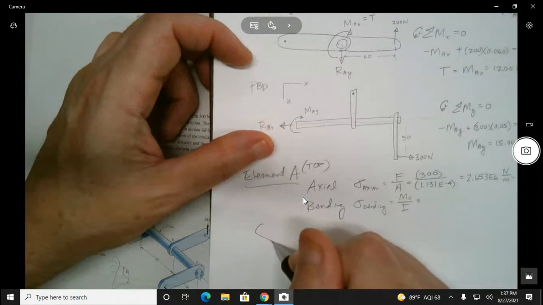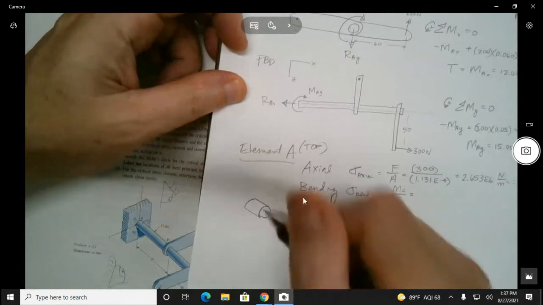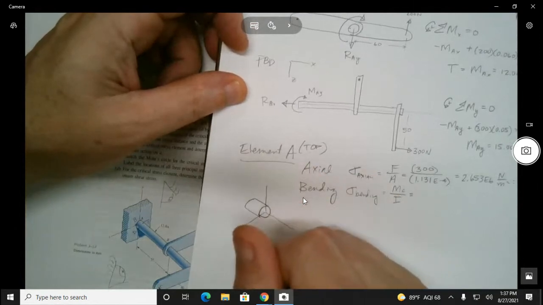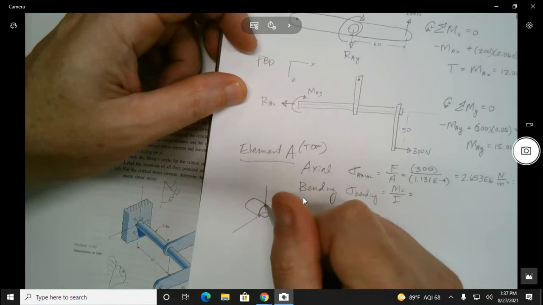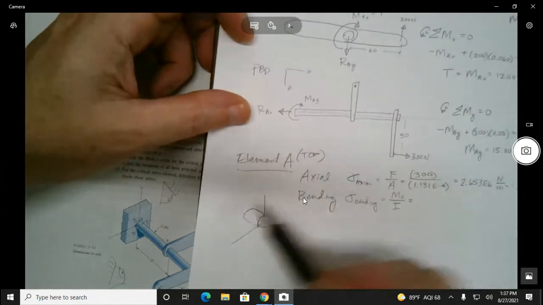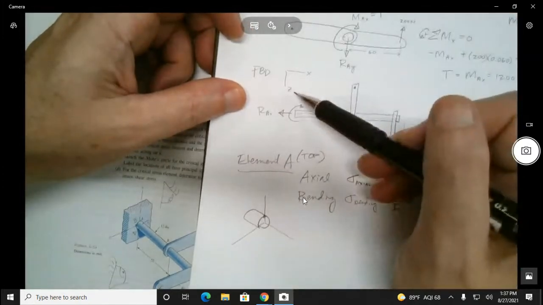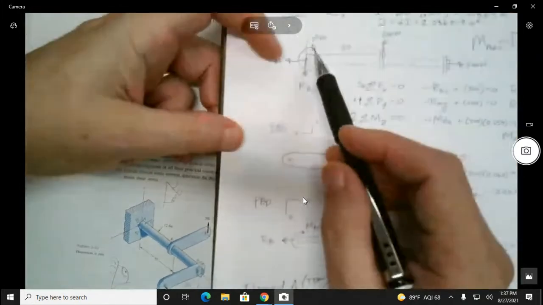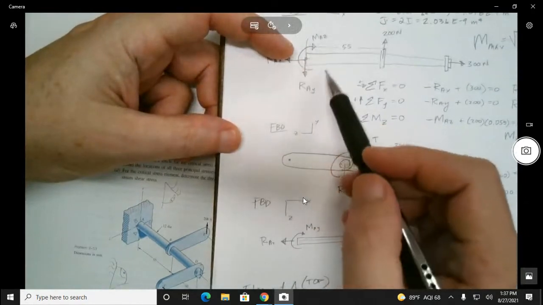Sometimes I think it's better, all right, so it doesn't really look right because there is no stump right at the wall, but let's do it anyway. To look at that, this is the point we're about to look at, and to see which way these moments go, they're going to be the opposite of what we got up here, right? So here's the first one. This is about the Z-axis, and it's going clockwise.